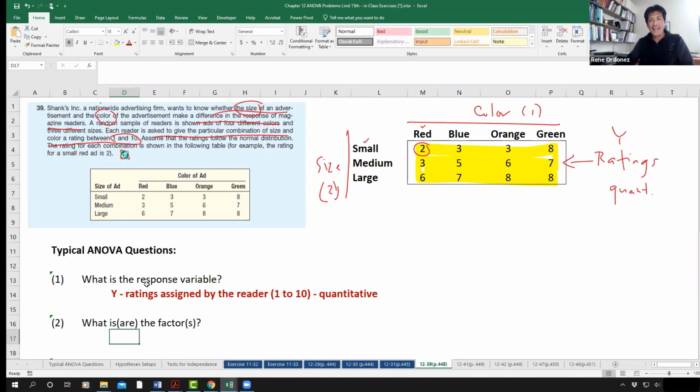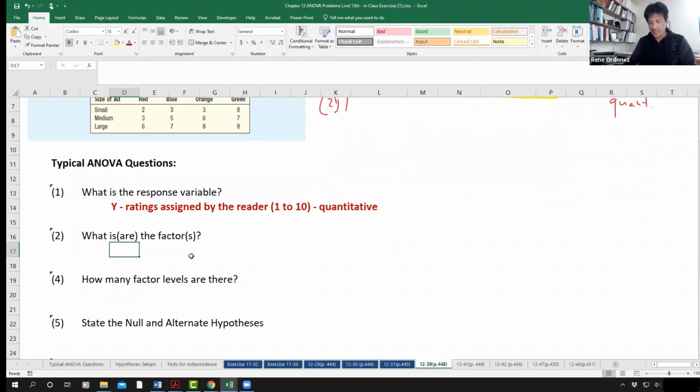Second question, what is or are the factors? We have two factors. The first one is the color of the advertisement. Okay, and there are four levels. So X1 has 4 levels, and the levels are red, blue, orange, and green.